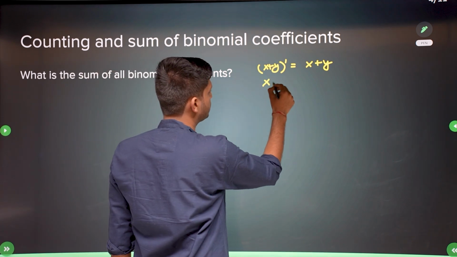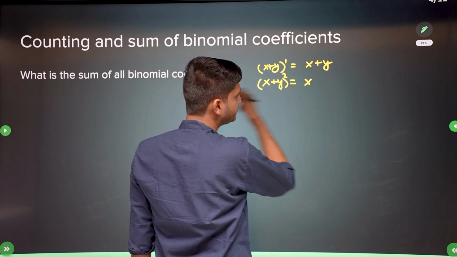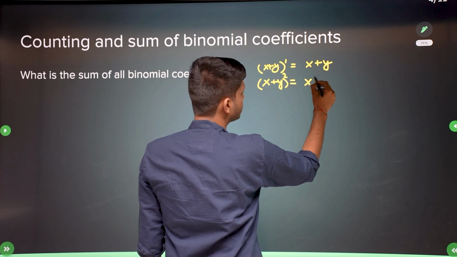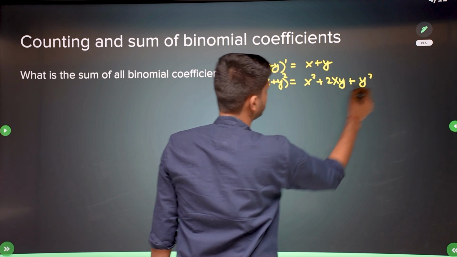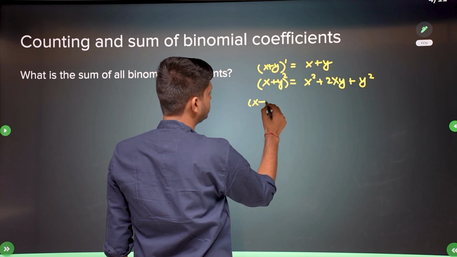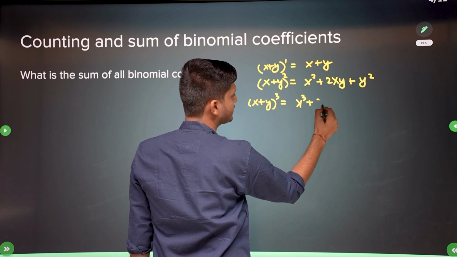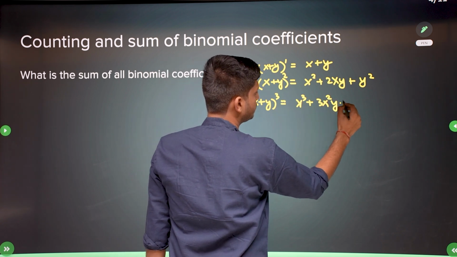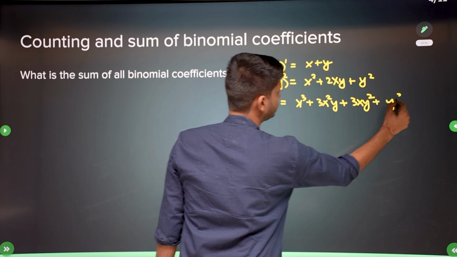So what is x plus y whole square? It is x square plus 2xy plus y square. What is x plus y whole cube? It is x cube plus 3x square y plus 3xy square plus y cube.